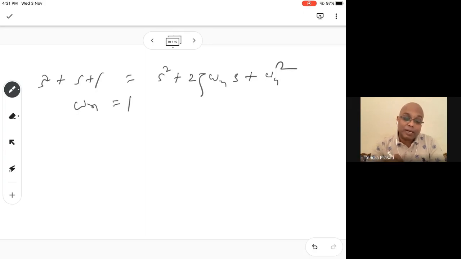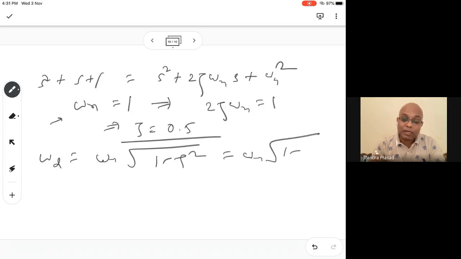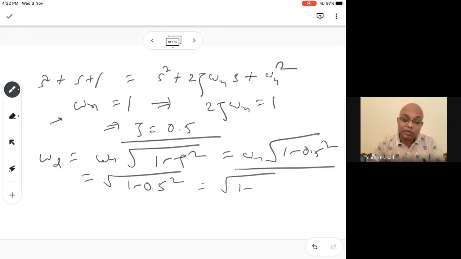Yeah, and that also tells you 2 zeta omega n is equal to 1, and here omega n is equal to 1, hence this gives you zeta equal to 0.5. So omega d you can calculate equal to omega n times root of 1 minus zeta square, so omega n root of 1 minus 0.5 square, right? Where omega n is equal to 1, so basically simply root of 1 minus 0.25, that's root 0.75. Yeah, so this is omega d.